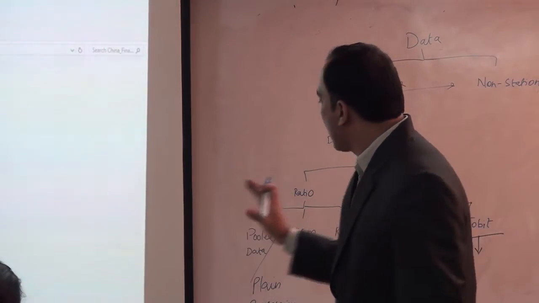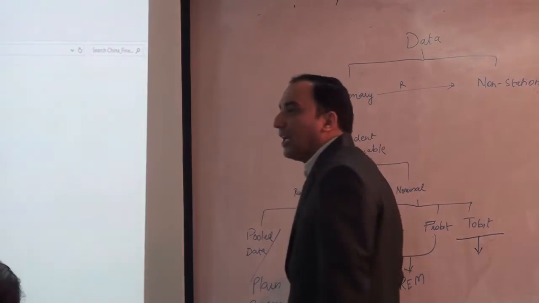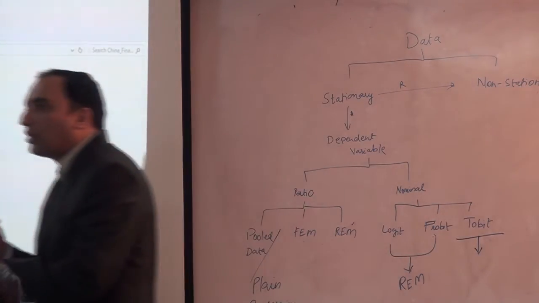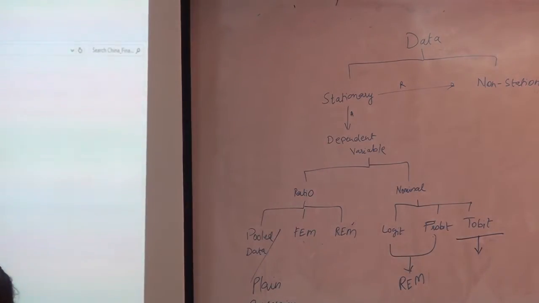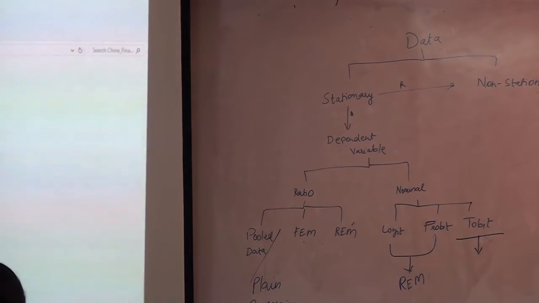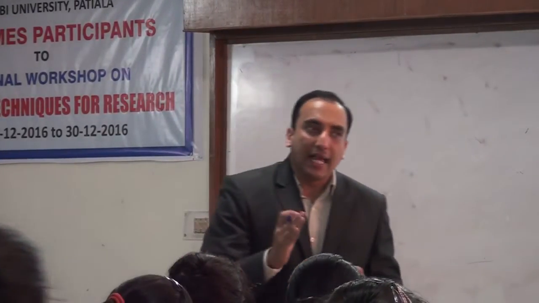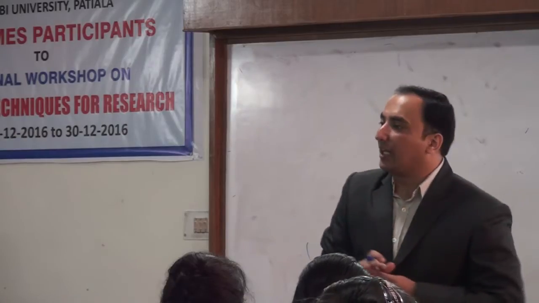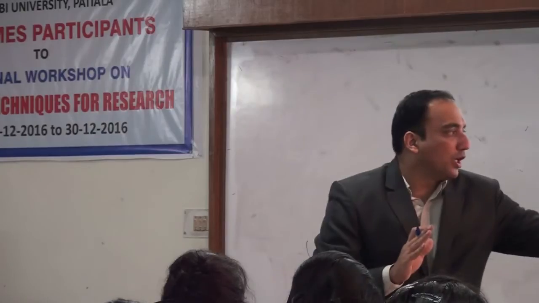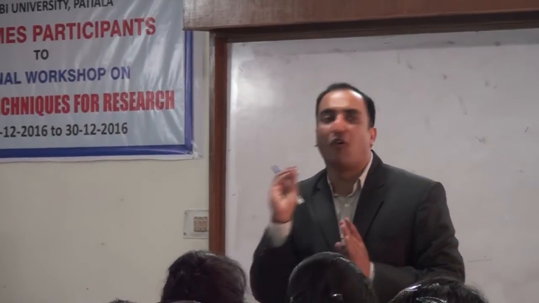In a normal regression or a panel regression, FEM, REM, you have to focus on both sign and magnitude of the coefficient, but in logit, probit, Tobit, in the initial time only focus on the sign. Don't focus on the coefficient. Once you have become acquainted, once you have practiced a lot, then you can go on interpreting their magnitude also. But initially, whenever you are doing logit, probit or Tobit, only focus on the sign.